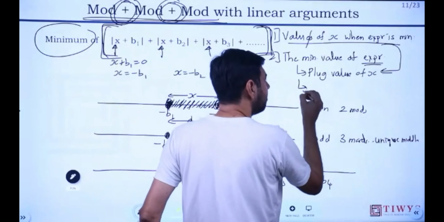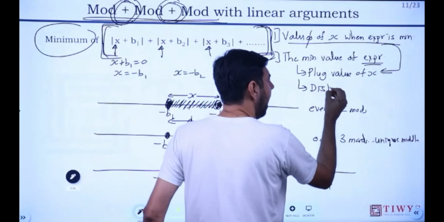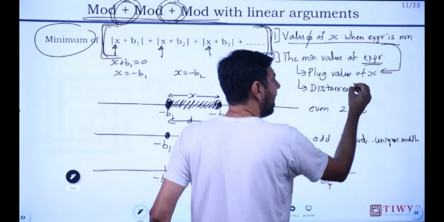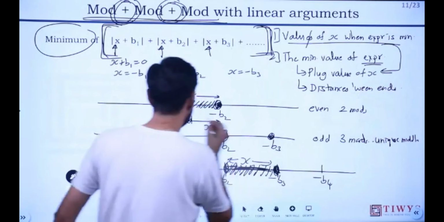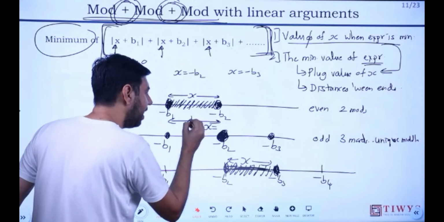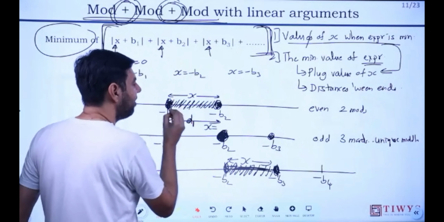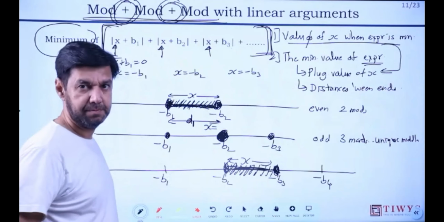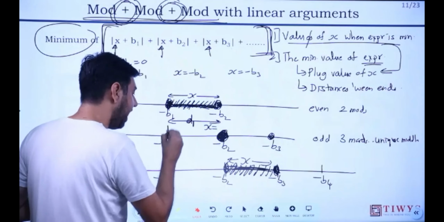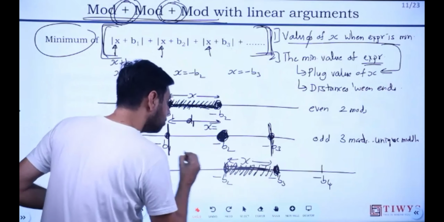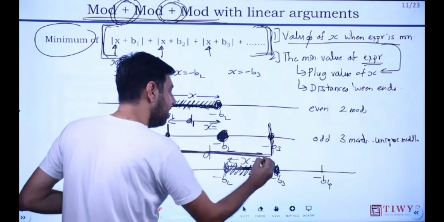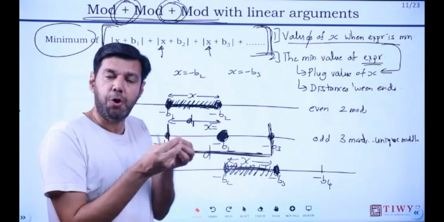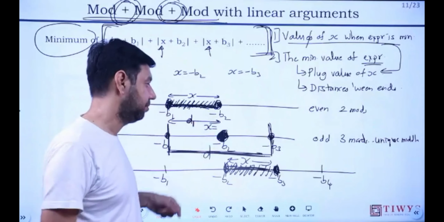The other way is by distances between ends. Pay attention. These are the 2 ends, so D1, the distance between the ends, is the minimum value. Now one point is left; leave it, that is 0.